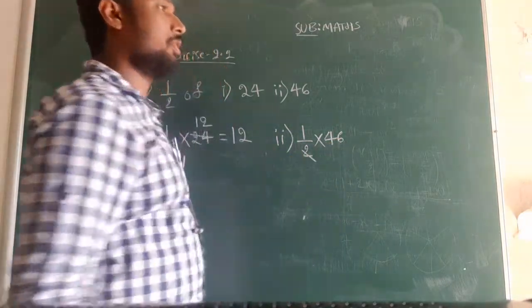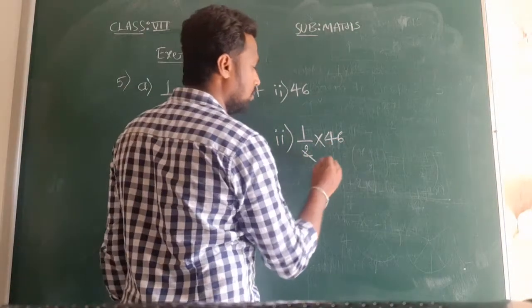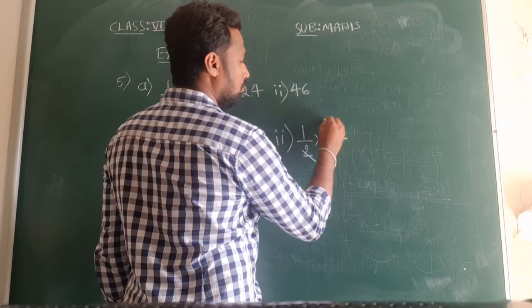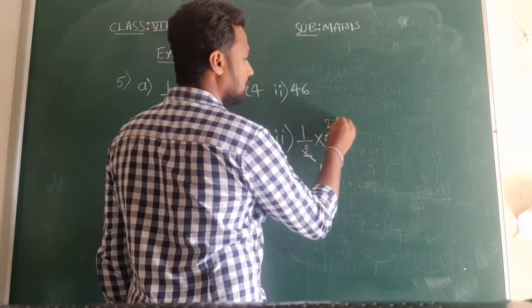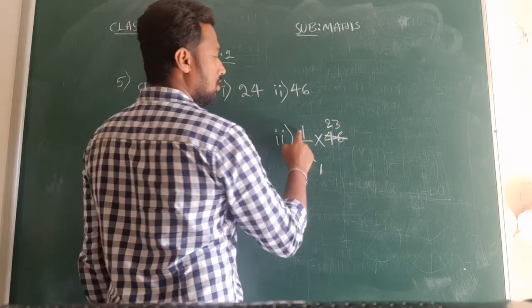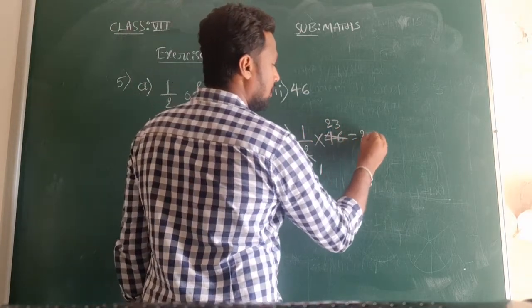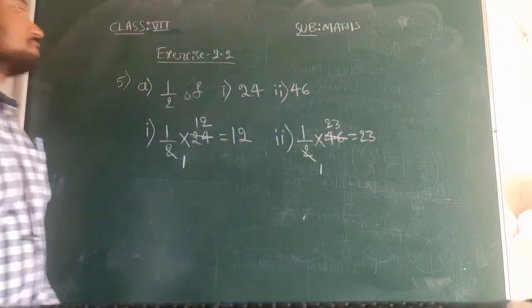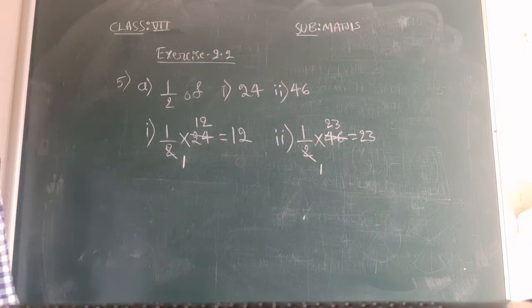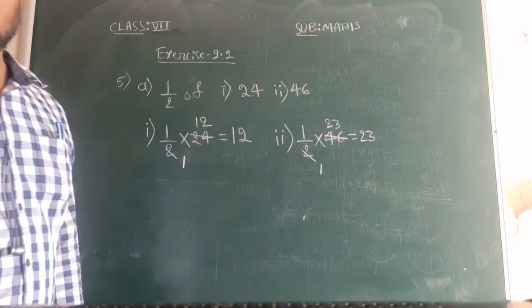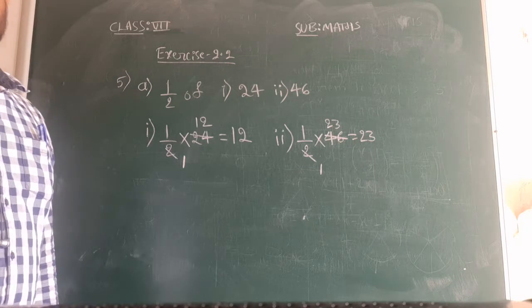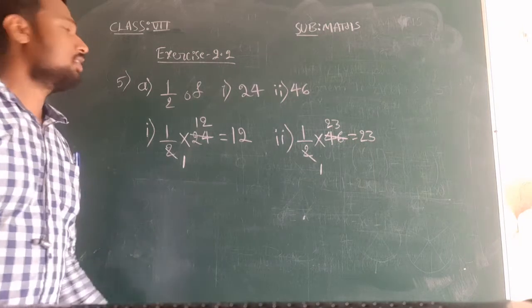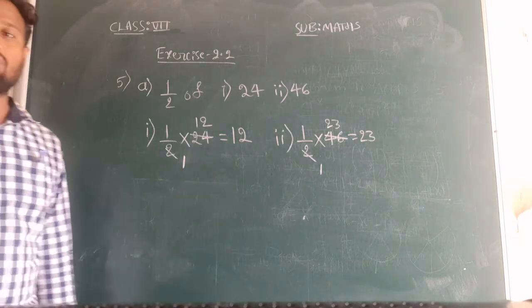Therefore here 2 ones are 2, and 4 means 2 twos are 4, and 6 means 2 threes are 6. Now 1 into 23 means what you will get? 23. So 1 by 2 of 46 is 23. Like this you have to solve these problems. Still 3 questions are there. Like this only you have to solve.